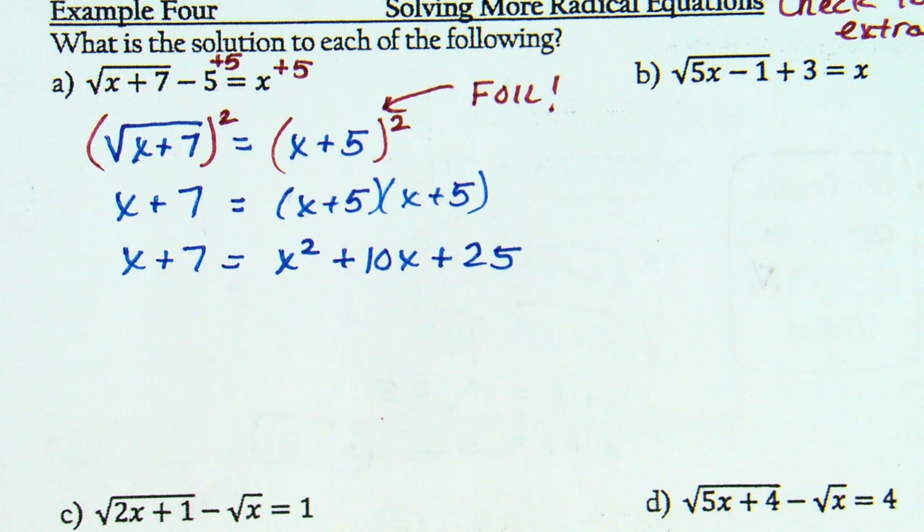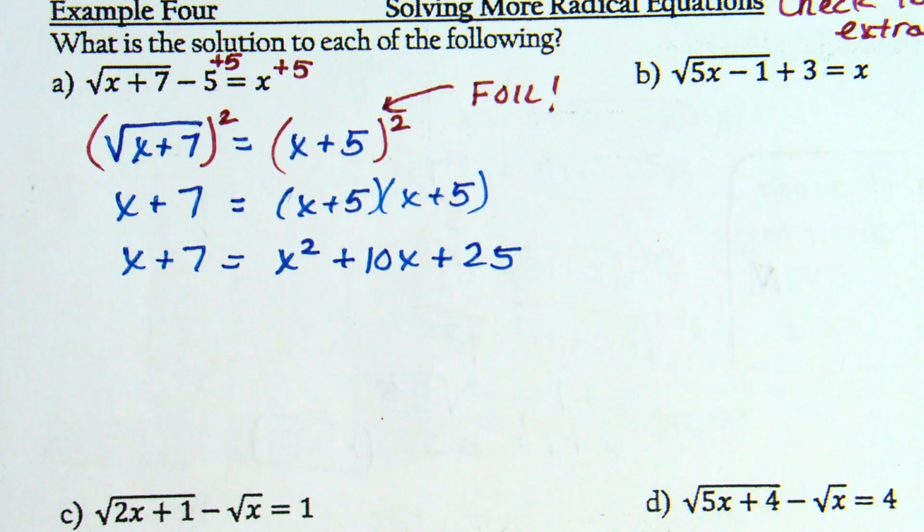Our goal is to make the equation equal to 0. If we subtract that x and 7 over, my equation is going to be equal to 0, and we're going to hope we can factor. If we can't factor, we have to go quadratic formula. But we should be able to factor in what we're doing today. In order to move a positive x, we subtract x. In order to move a positive 7, I subtract 7.